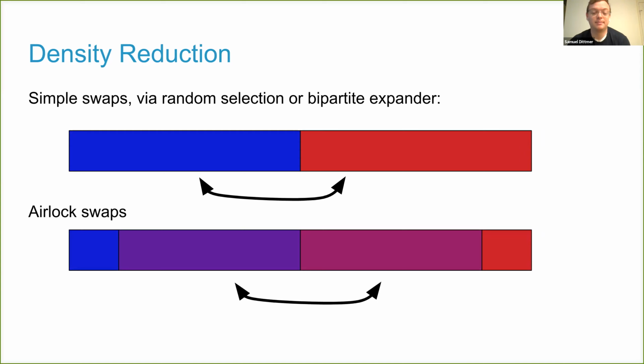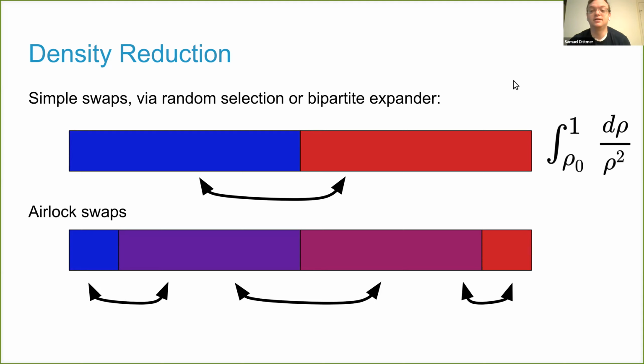And by doing random swaps between the purplish blue and the purplish red, you can keep the density of both the purplish sections near 1/2, and then swap blue with purple and then red with purple to get very blue and very red elements on the sides. To get an idea of why this is helpful, you can look at these.